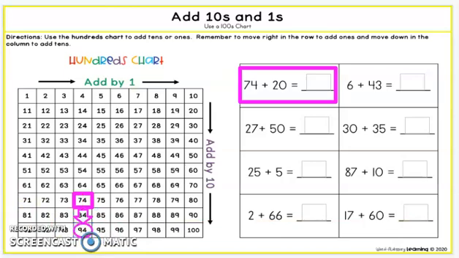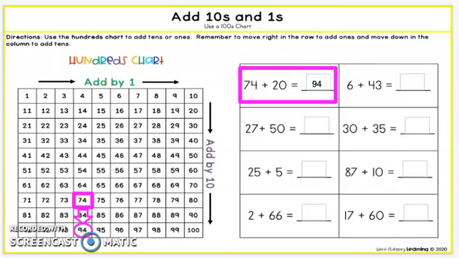And there's 2 jumps. What number did I land on? That's right. Excellent. I landed on 94. So the answer to this problem is 94.